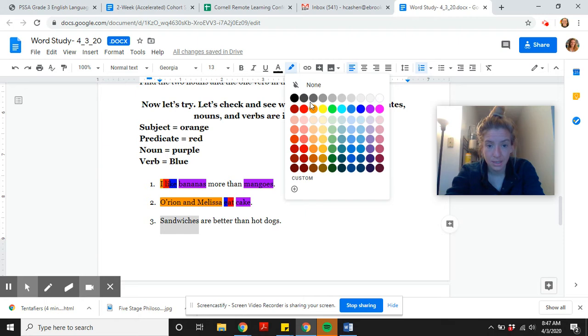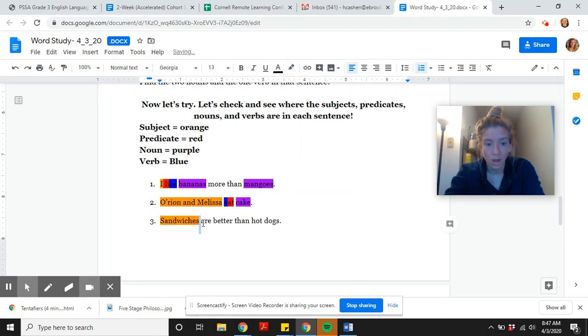Sandwiches is the subject. Are. What is are in this sentence? Well, that's actually the action word because an action word can be about doing or being. So are is our predicate. And if it's a predicate, we know that it is also a verb.